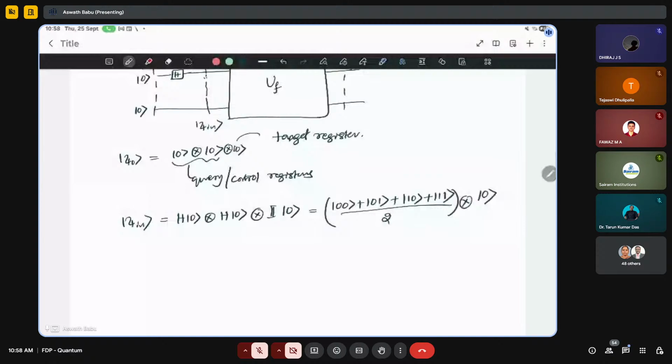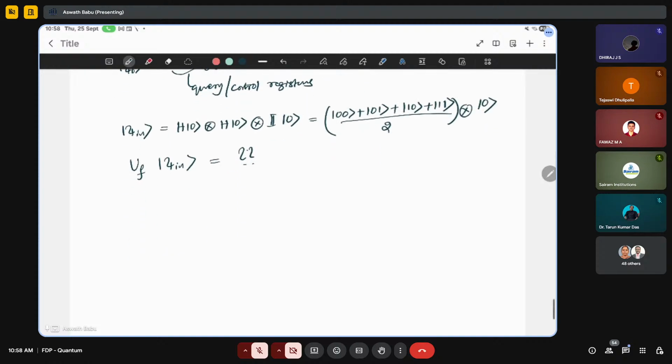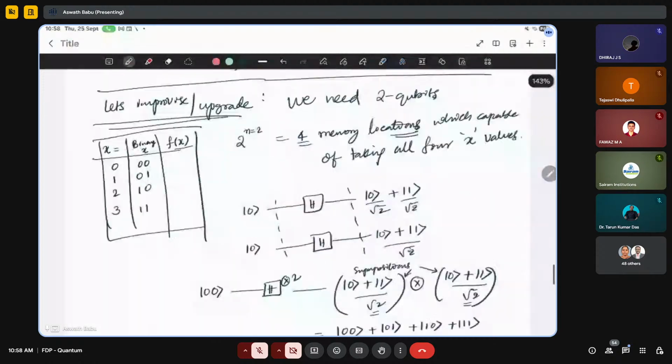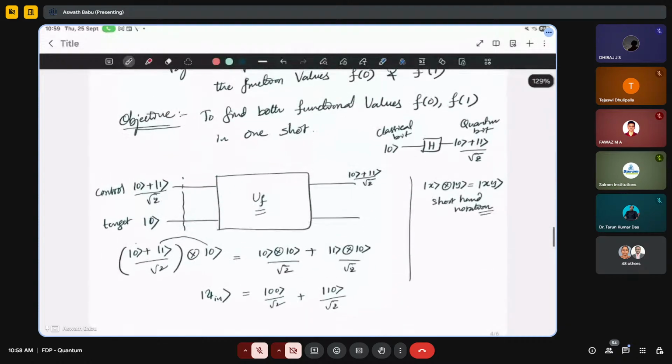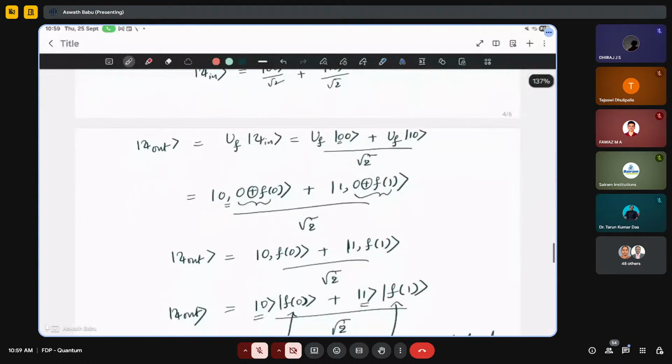Now I want to find the unitary effect on psi in, which is going to give me psi out. Taking the inference from the previous case: whenever the control has some value, that control value in the functional form gets added to the target.